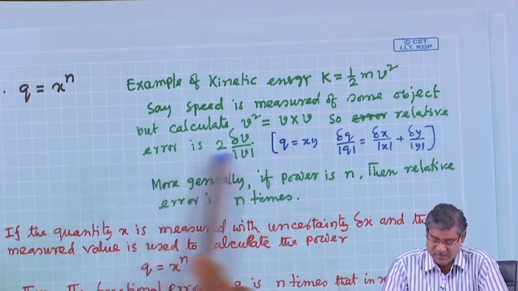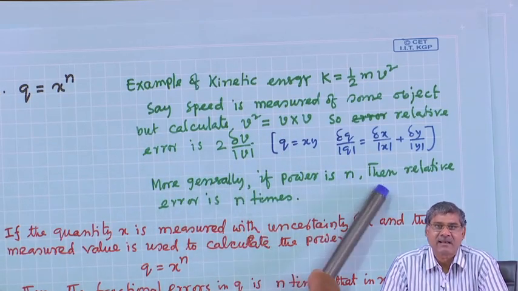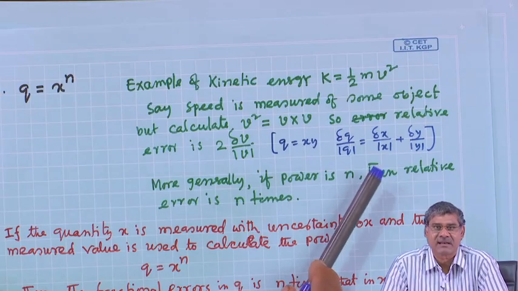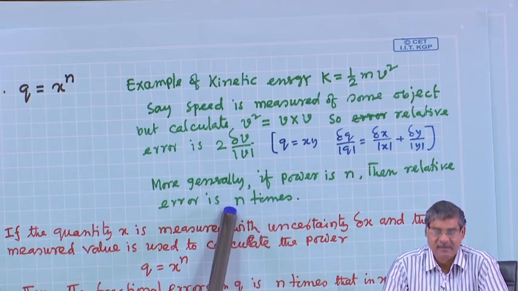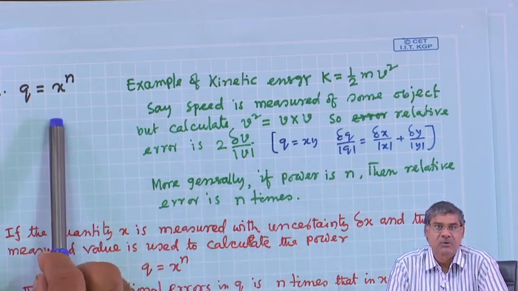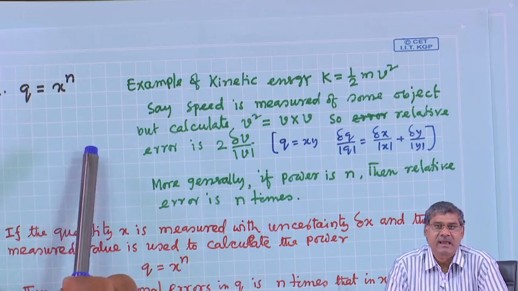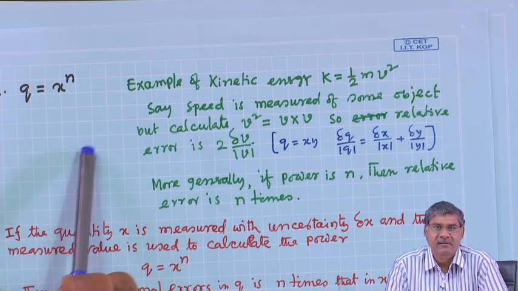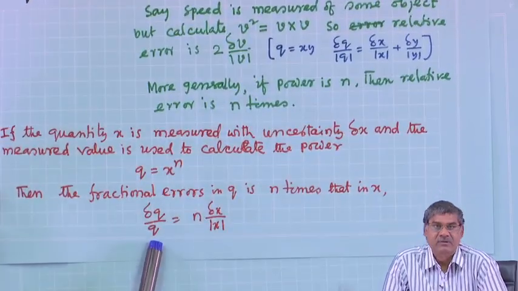So, then we can generalize it: if the power is n, then the relative error will be n times the relative error of the measured parameter. So, obviously, for this case del q by q will be equal to n del x by x.